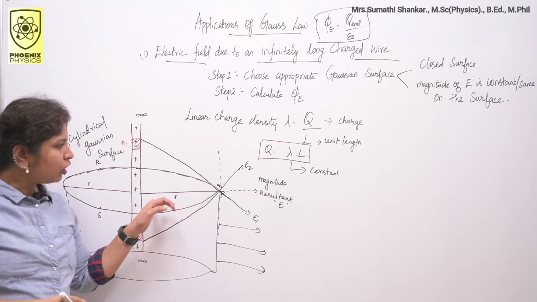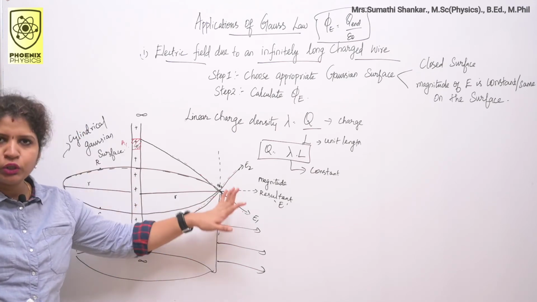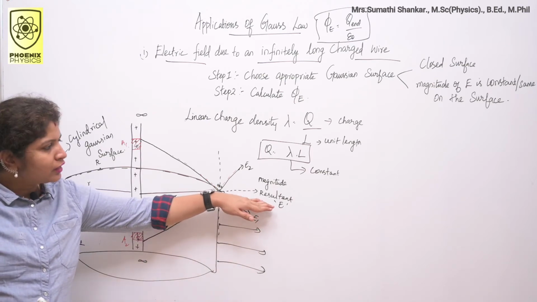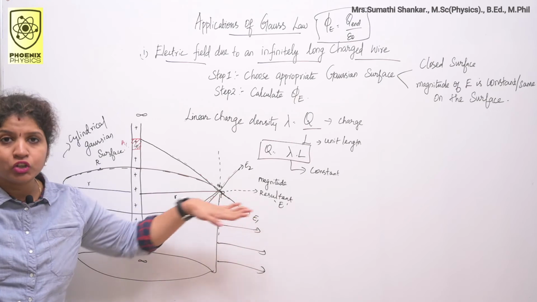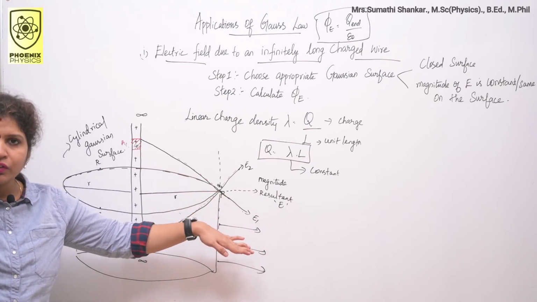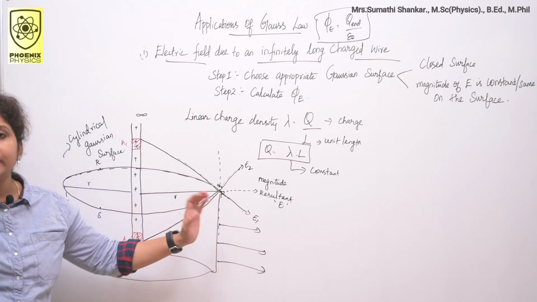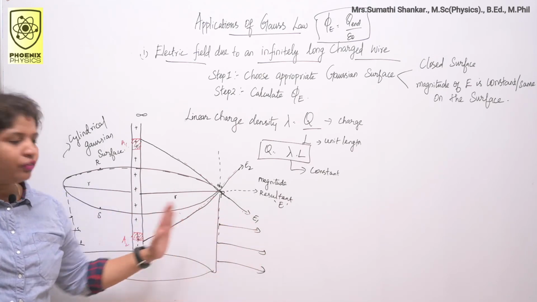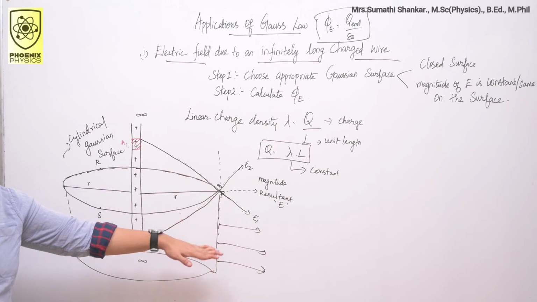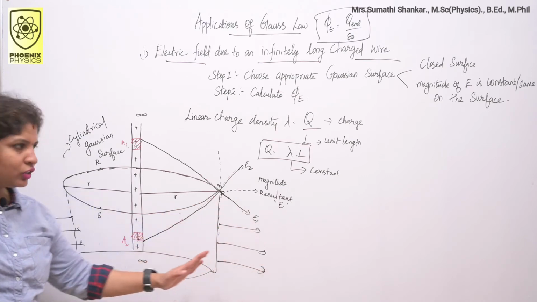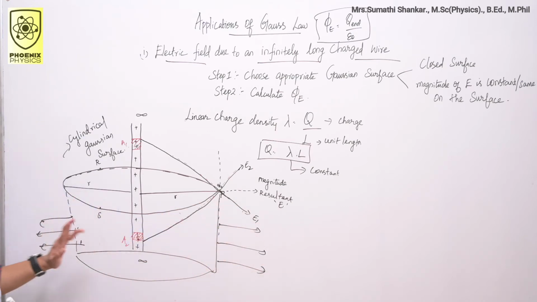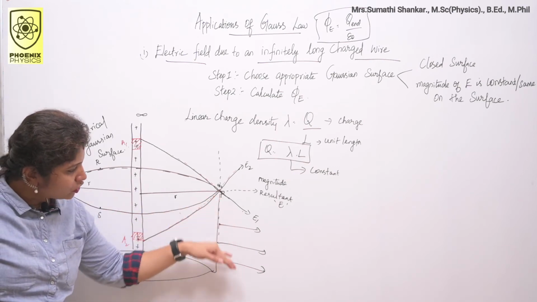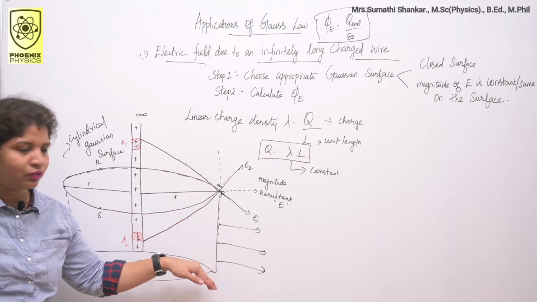First you draw E1, E2 lines, then you find out the resultant E. So the resultant E acts in the horizontal direction, or we can say it is radially outward from the wire. So this is our right hand side and this is our left hand side. So in this horizontal direction E has same value.